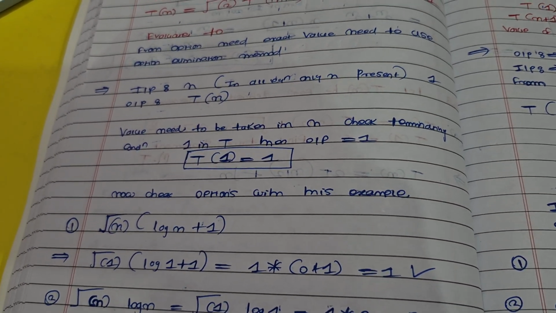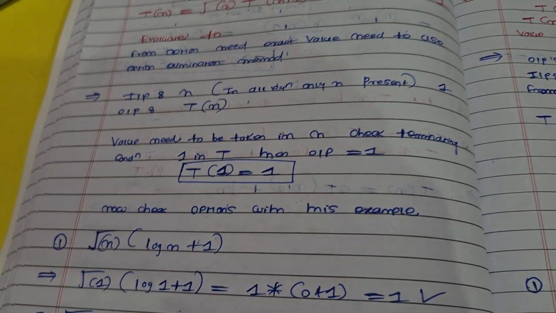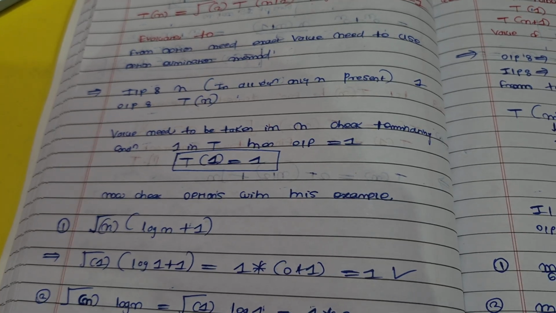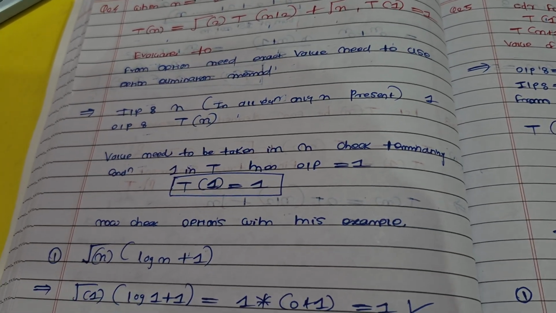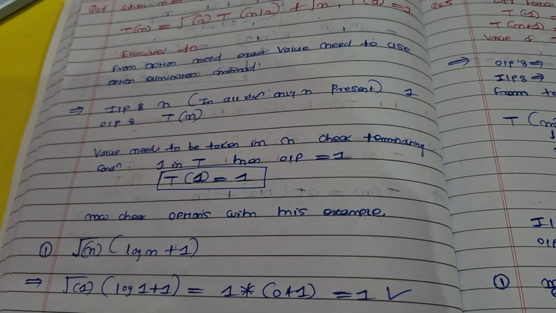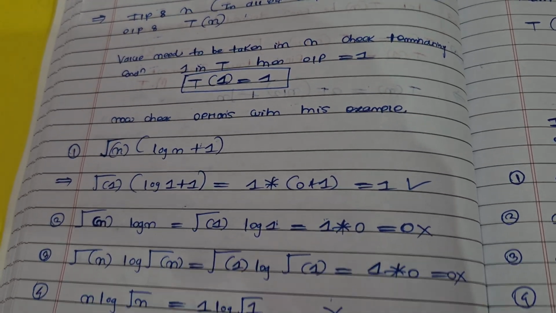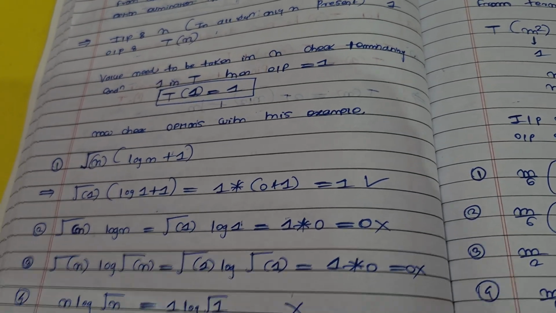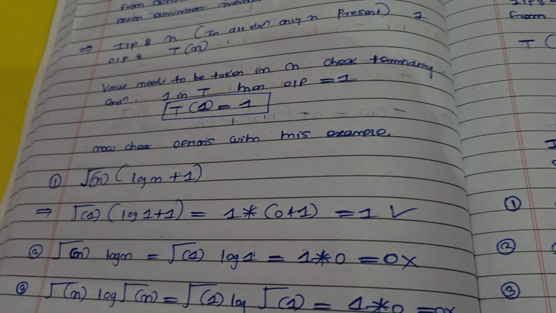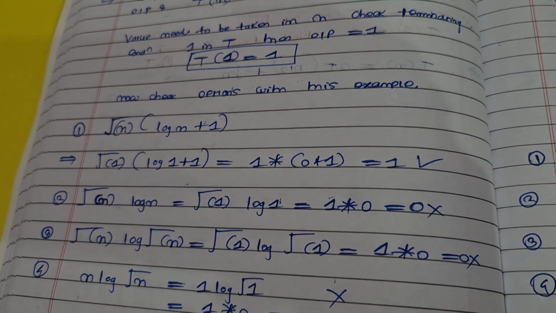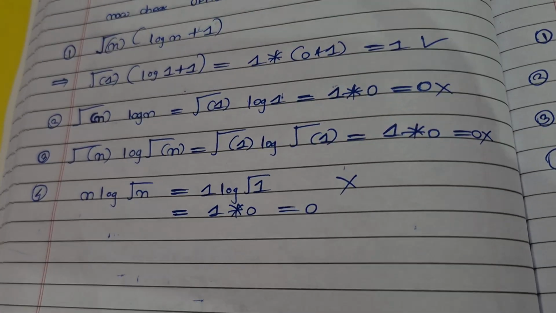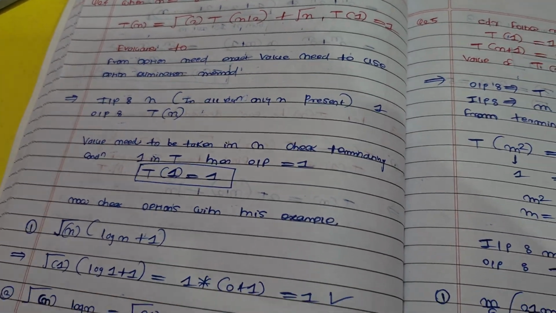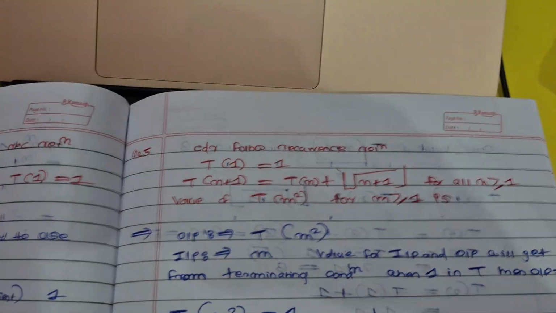Here the variable is n in all 4 options, so you take input as n, and output is T of n, which is in the equation itself. The terminating condition is if 1 is present in T, then output is 1, so you just take n equal to 1, substitute in the options, and you'll get the correct answer. It was very straightforward, not that complicated.